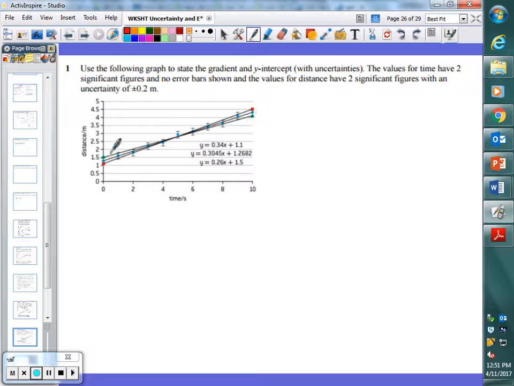Bottom of this error bar, top of this error bar, straight line, okay? So this value is going to be what we assume to be our best value, if you want to say it that way.